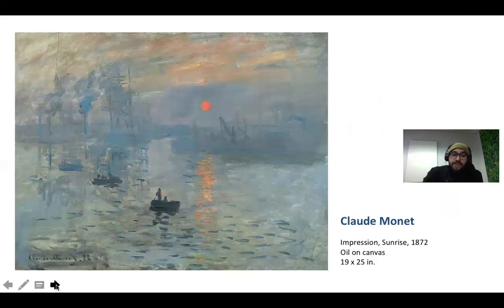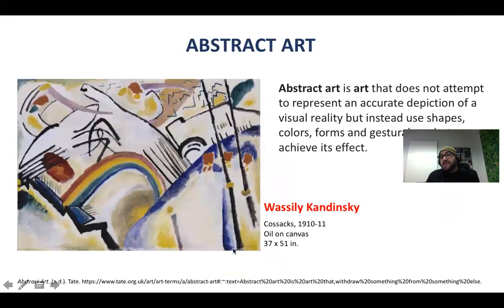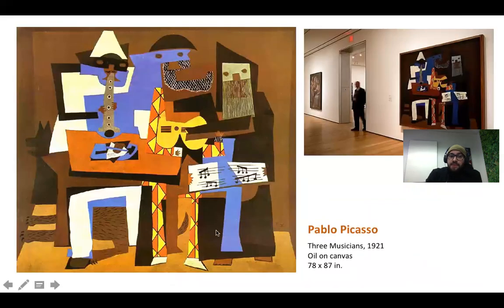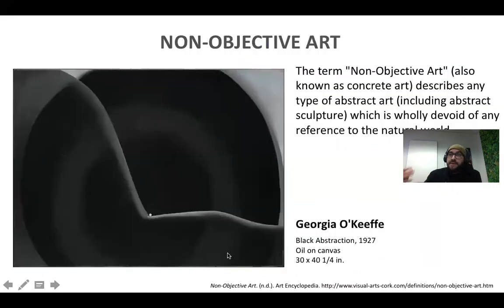Abstract art usually obscures those things to create simpler shapes or obscure versions of things we're familiar with, but they still associate to something tangible. And non-objective art is devoid of any reference to nature in general, and focuses on just the basic elements and principles as a way to appreciate the work.